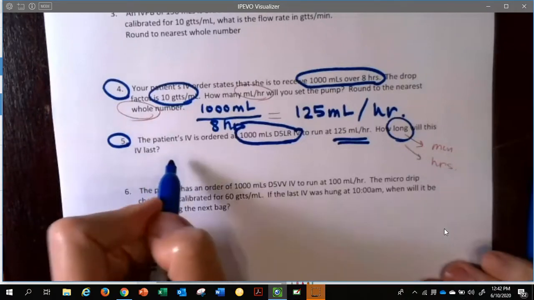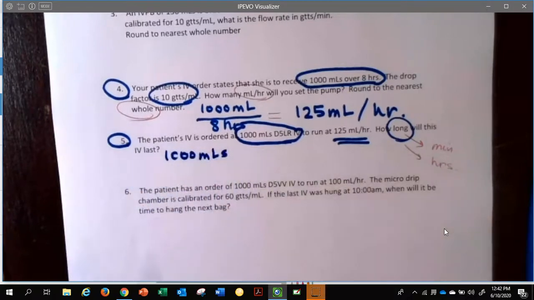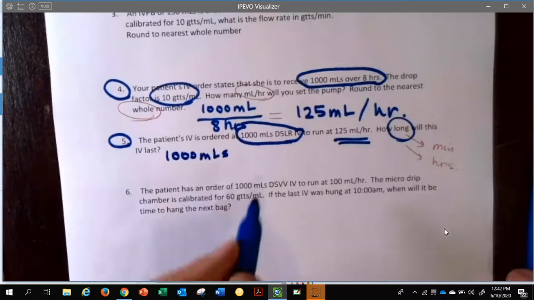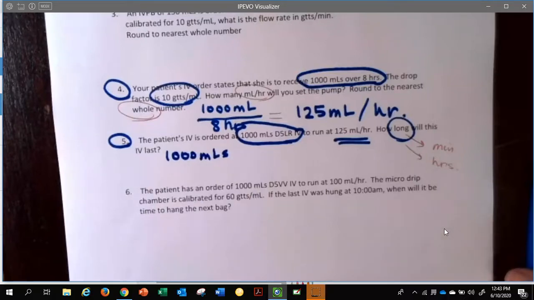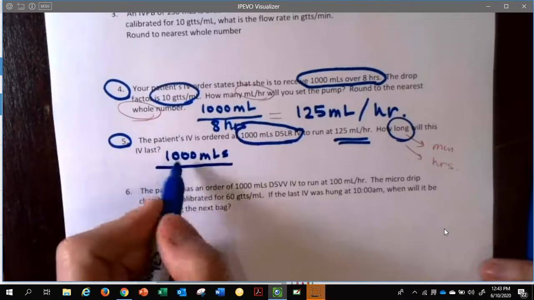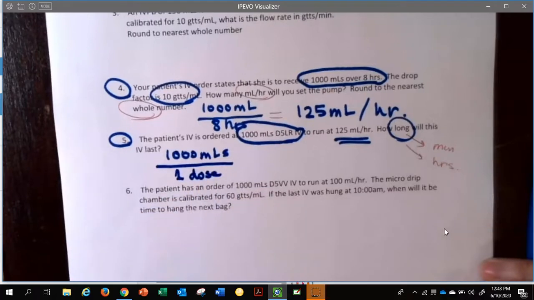So I'll go ahead and start that my dosage is 1,000 milliliters. I'm sorry, 1,000 milliliters. And so I'm going to think on that for a second because I don't have per 8 hours, but I'd like to put something. So I'm just going to go ahead and say per dose. That's something worth trying.